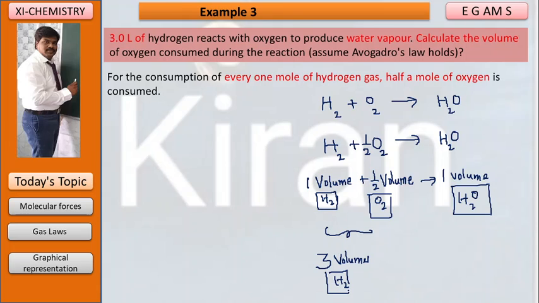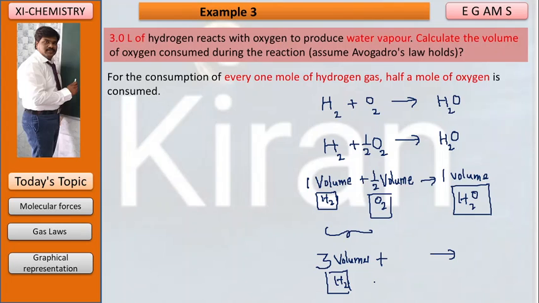In this case, they have given 3 liters, meaning 3 volumes. How much oxygen is required for this? Anyone can guess this answer? If for 1 volume you require half volume of oxygen, when 3 volumes of hydrogen are utilized, how much?